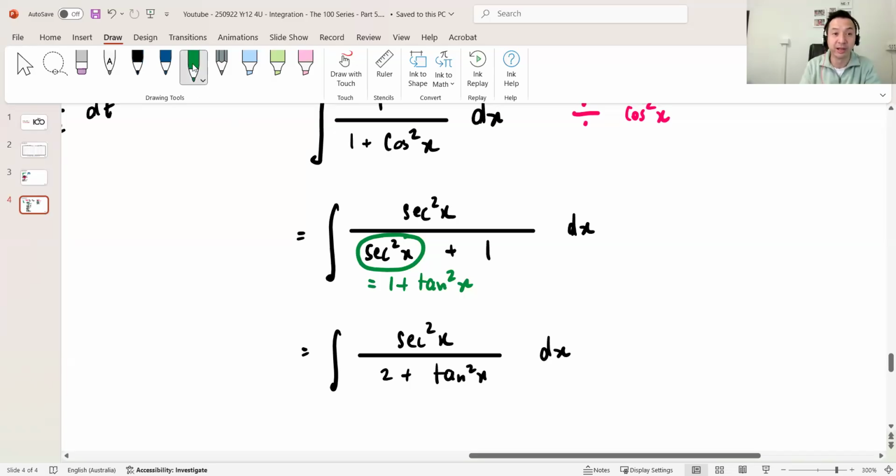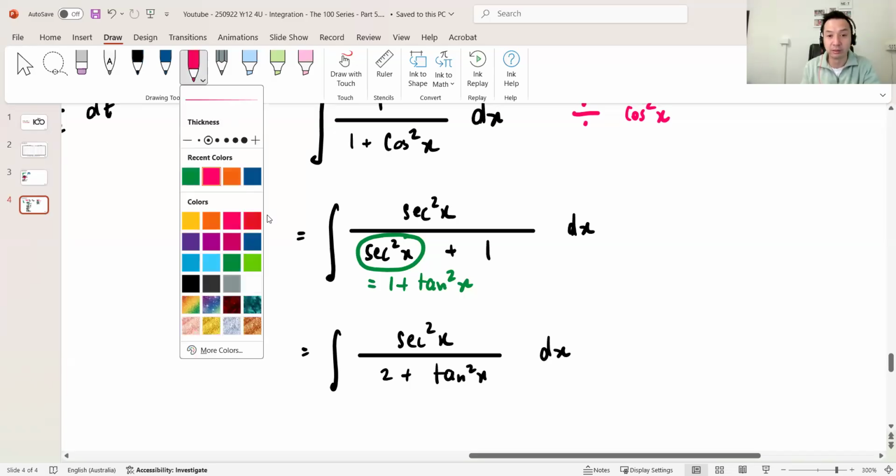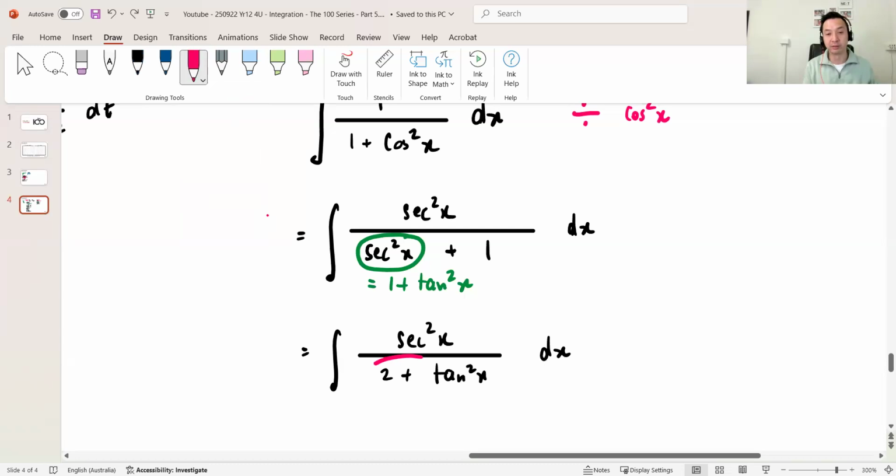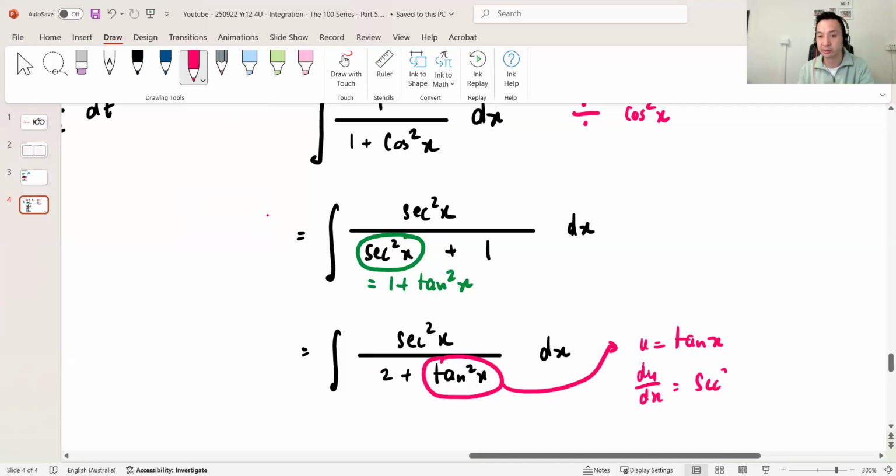Guys, and I reverse chain rule, right? Oh, sorry, not reverse chain rule, substitution, right? So if I go let u equal tan x, then du dx equals sec squared, and dx equals du over sec squared, right?